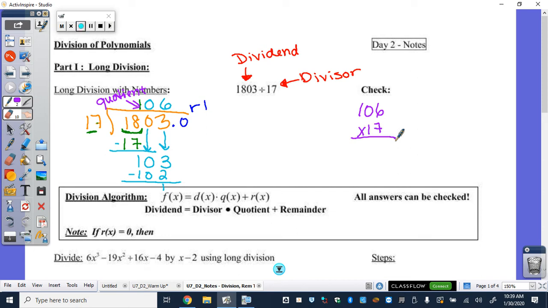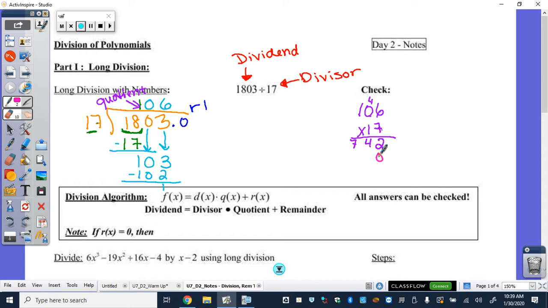You guys remember how to multiply 3-digit and 2-digit numbers? 7 times 6 is 42, so I put down the 2, carry the 4. 7 times 0 was 0, but then I would add 4, so I'd get 4. 7 times 1, 7. And then what do I do? Because now I'm going to multiply with the 1.